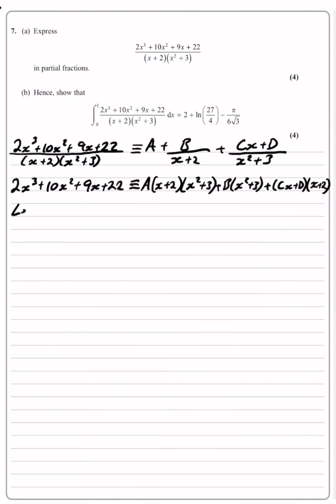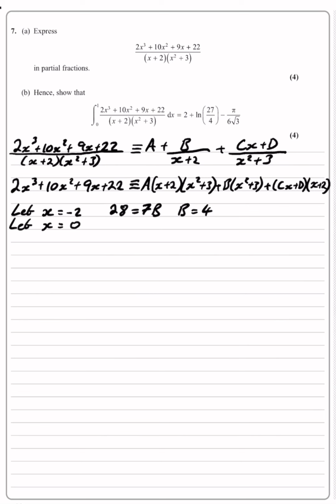The first choice for x I've gone with is x is equal to -2. That wipes out the a and the c and the d. So choosing -2 into the left part, we get 28. -2 squared plus 3 is 7. Divide both sides by 7, we can deduce that b must be 4.